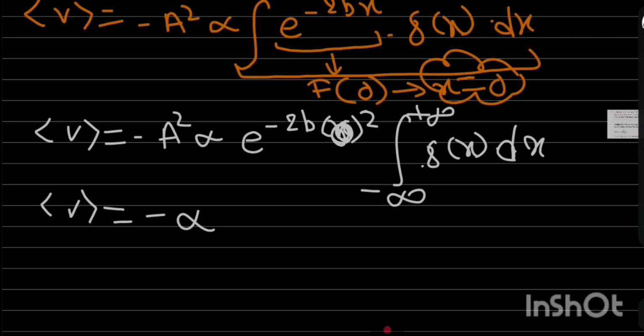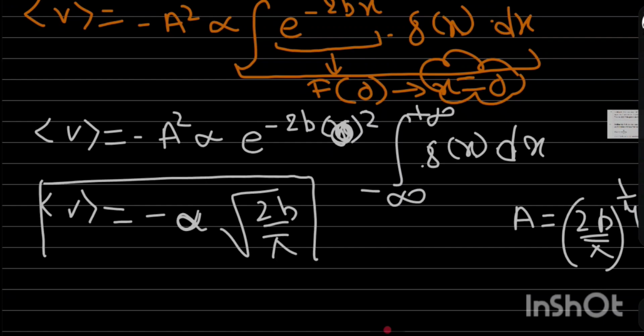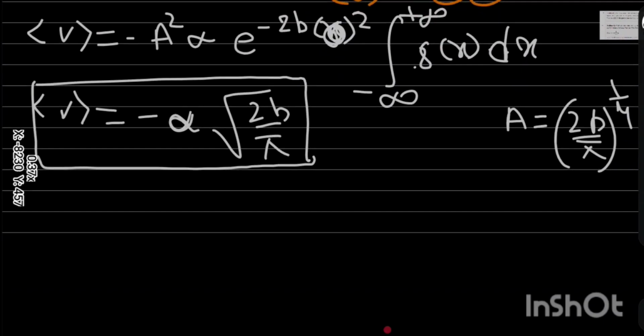The amplitude we have derived in our previous video: a equals 2b by pi to the power 1 by 4. When you square this, you get root under 2b by pi. So this is our expression for the potential energy.